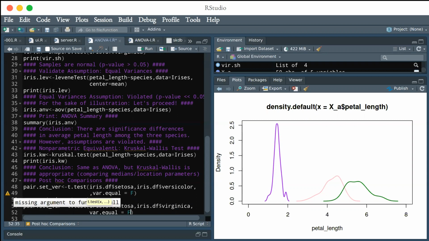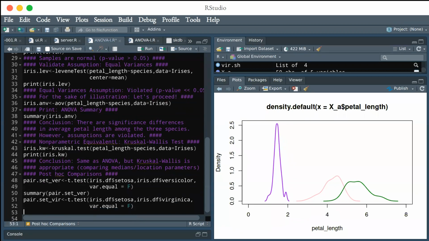No, the number of pairs. N times n minus 1 divided by 2. The weight, the expected value. Very good. Thanks, guys.